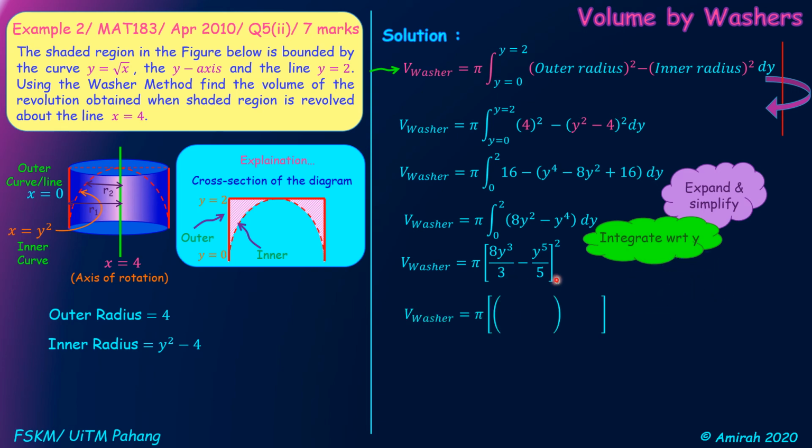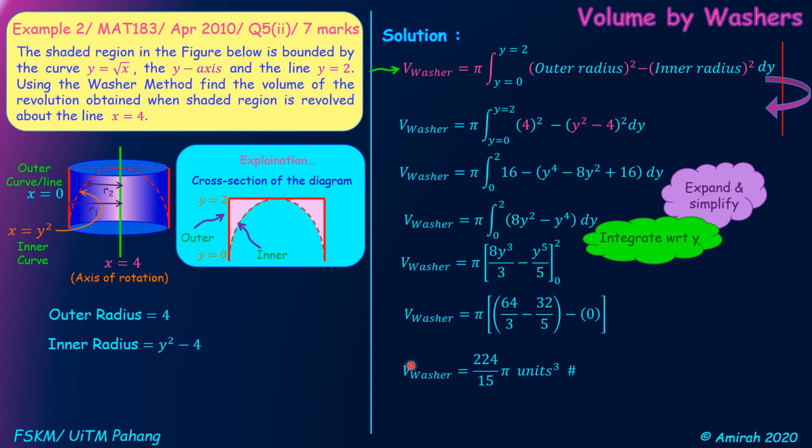After that, we replace the upper limit into variable y, and in between must be minus, and then we replace the lower limit 0 into variable y. Zero to the power of any value equals 0, and times any value equals 0. That's why we get 0 here. After that we simplify, and we get the final answer equals 224 over 15 pi units cubed.